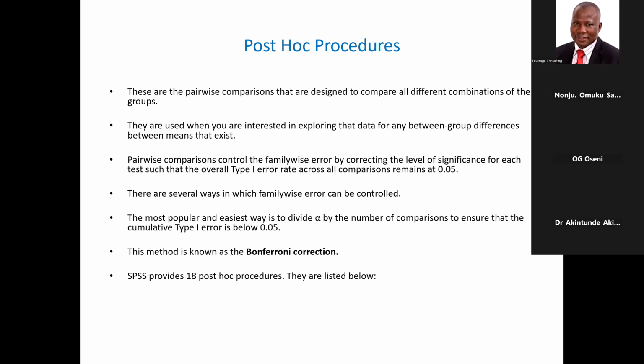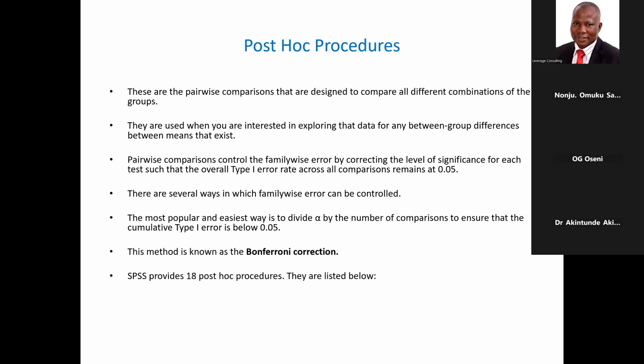Pairwise just means that you pair them as if you are doing a t-test. They are used when you are interested in exploring the data for any between-group difference between means. Pairwise comparison controls the family-wise error by correcting the level of significance for each test, such that the overall type 1 error rate across all comparisons remains at 0.05. There are several ways in which pairwise error can be controlled.